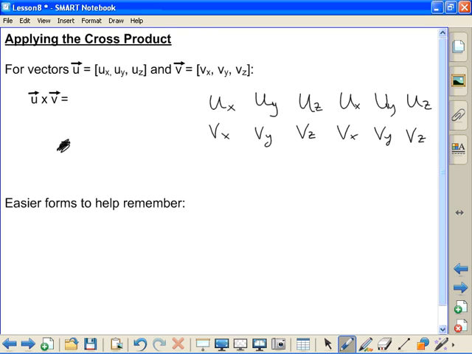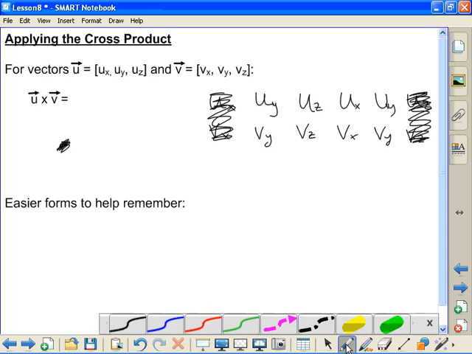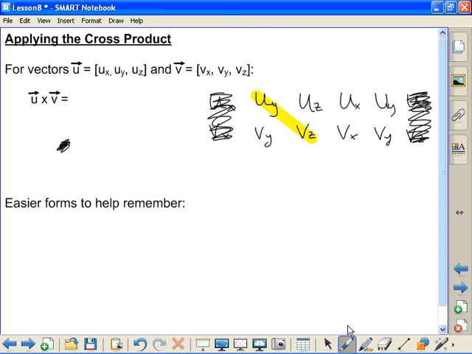And then what you do is you cross out the first column and you cross out the second column. Now, if you have a highlighter or a different colored pen, it sure comes in handy here. What we're going to do is multiply uy by vz and subtract uz times vy.